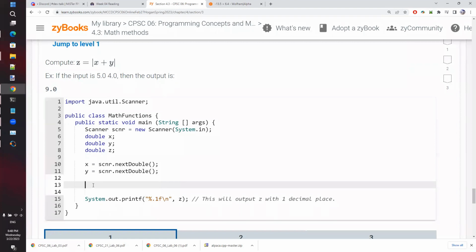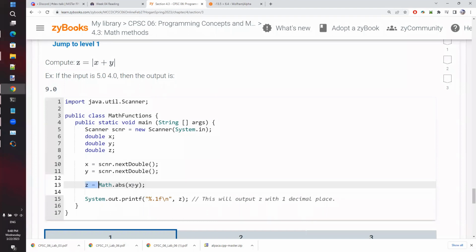So you just write z equals the absolute value, but to get an absolute value, it's capital M on Math.abs, and then what's inside the abs? x plus y.